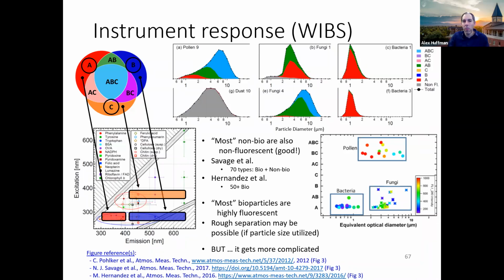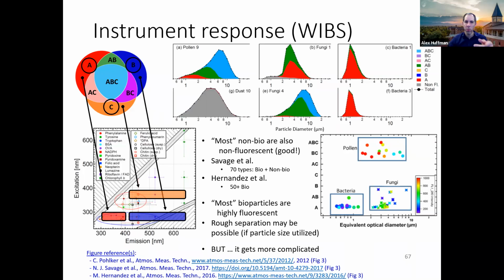And so in the upper panel, you can see size distributions of certain pollen, dusts, fungal spores, bacteria that were analyzed. And you can see the color represented here matches the color shown in this little Venn diagram on the left, where you can see the flavor of fluorescence basically looks different, and the distribution of those looks different based on what material we have.